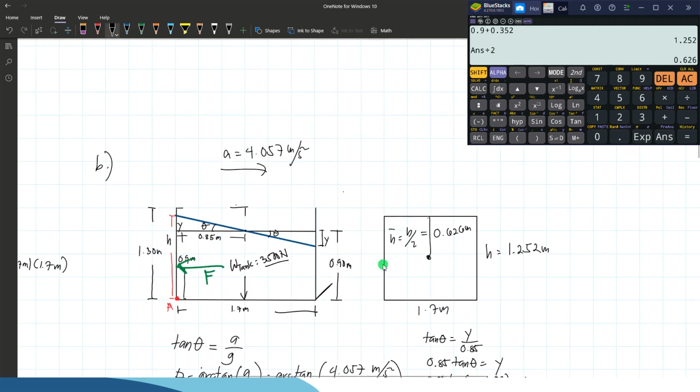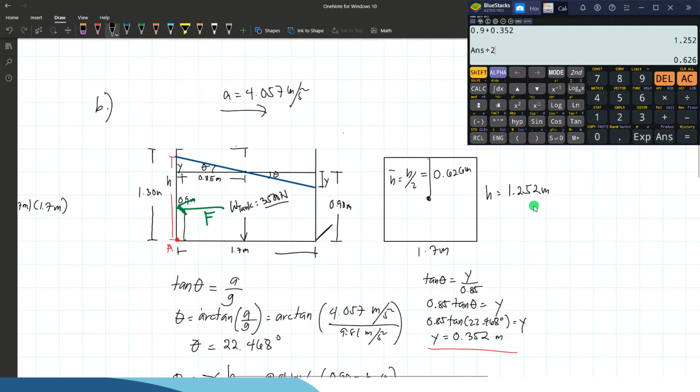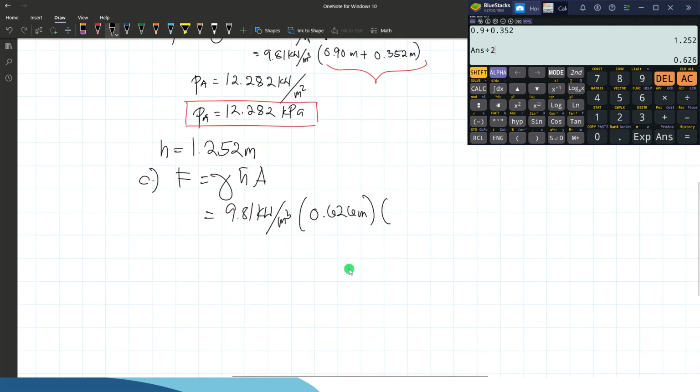The area of the surface where the fluid is in contact with the container is 1.252 by 1.7 meters. That's your hydrostatic force.